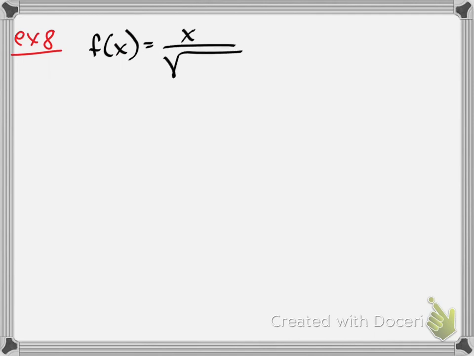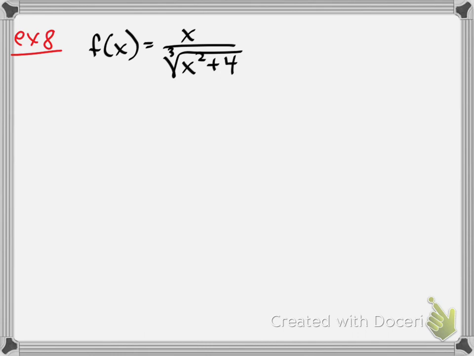All right, example 8. We'll switch back to black. F of x equals x over the cube root of x squared plus 4. We can rewrite this friendlier, or we can see that as quotient rule.